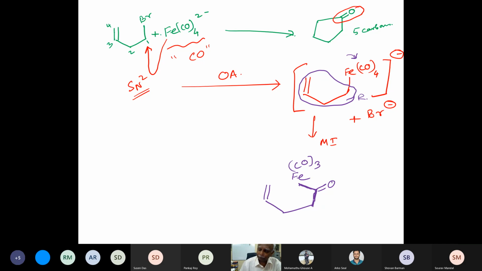I end up with a migratory insertion reaction of this group onto this double bond because it's juxtaposed. This is one possibility.